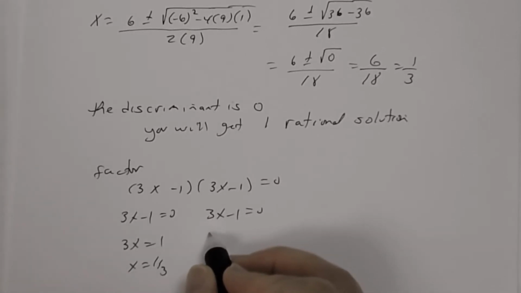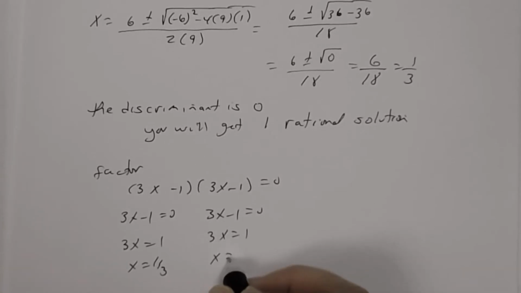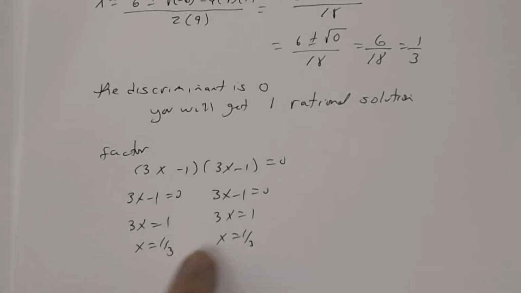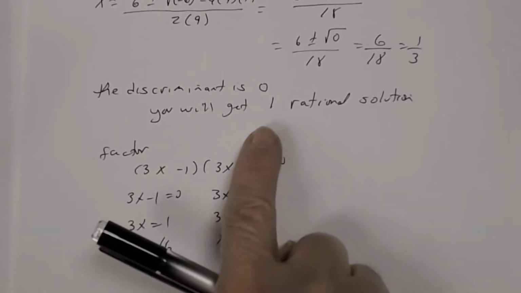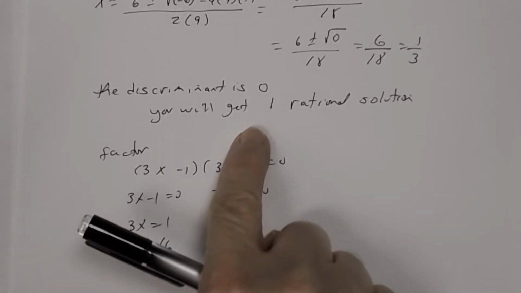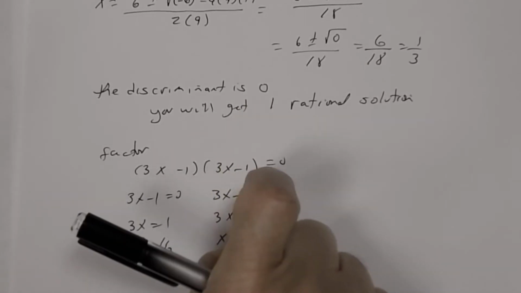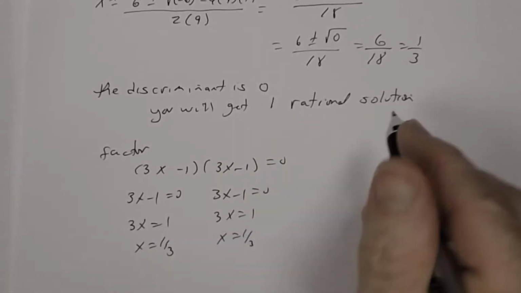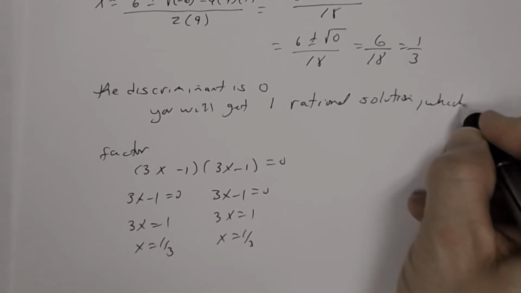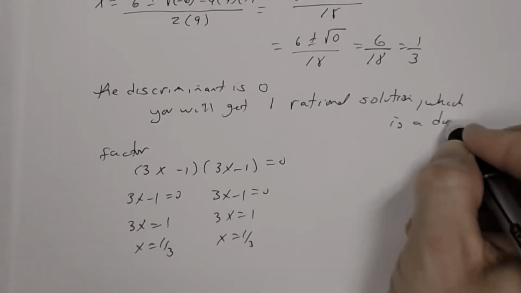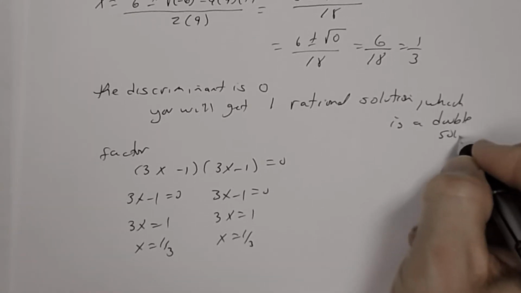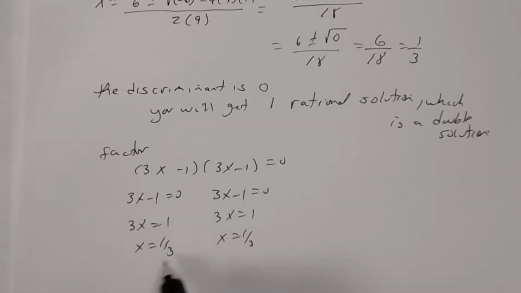Same thing here, 3x equal 1, x is 1/3. So notice that 1/3 occurred how many times? 1/3 occurred twice. So sometimes you'll hear this phrase, if the discriminant is 0, you will get one rational solution, which is a double solution. So in other words, it occurred twice.